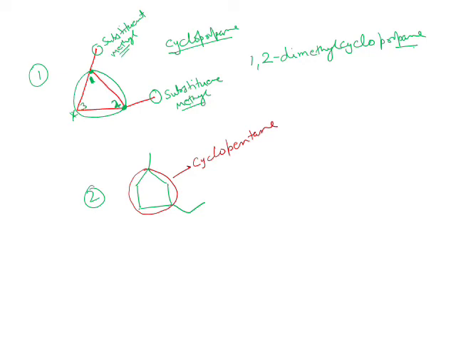We have 5 carbon, 1, 2, 3, 4, 5. So this is your parent chain. Now we have to see which carbon we have to start with as number 1 carbon. So now you have 2 substituents. This is substituent number 1, which is ethyl. This is another substituent, which is methyl.